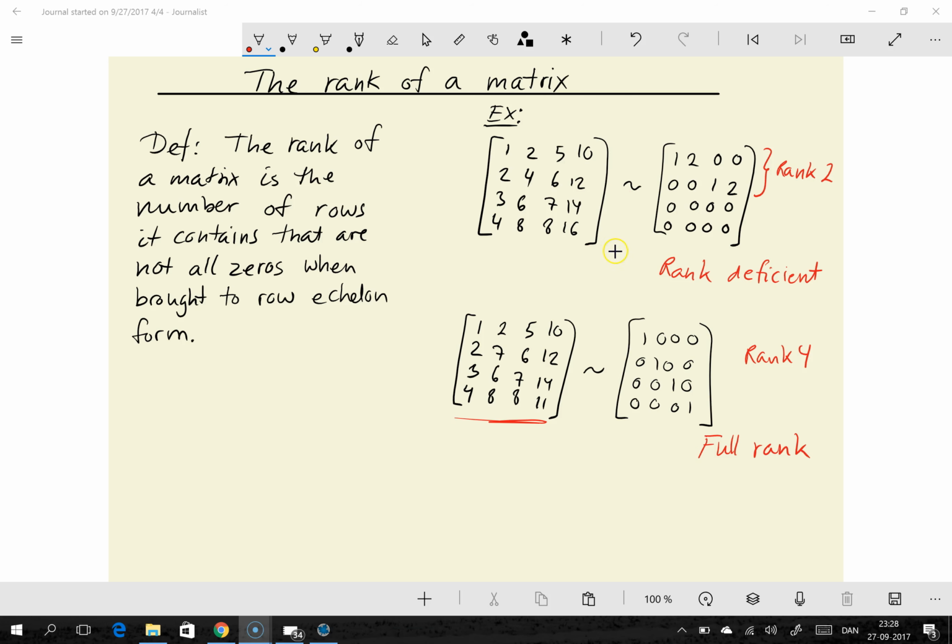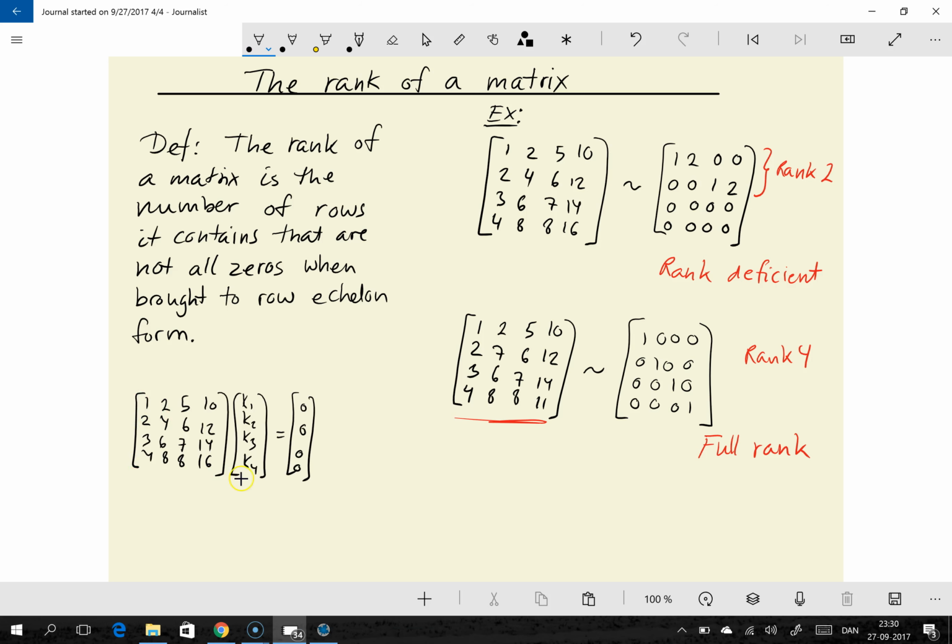There's another way to look at this. Notice that when we transform this matrix into its row reduced echelon form, what we do is a Gaussian elimination, and that's basically the same as solving this equation, in which we're trying to find the 4 values of k1, k2, k3, and k4, so that k1 times the first row vector here plus k2 times this row vector plus k3 times this row vector plus k4 times this row vector equal the 0 vector over here on the right hand side of the equation.